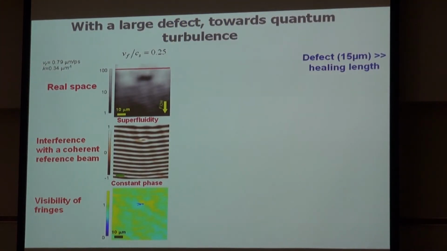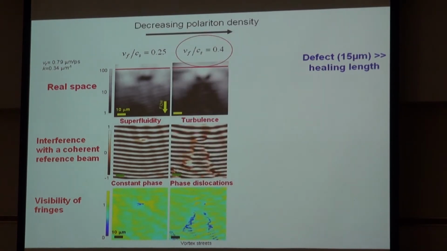The experiment starts again in the superfluid case, with a group velocity of the fluid which is smaller than the speed of sound, so no effect. Here, when you look at the phase, it's completely coherent. And then the ratio increases, and one has the appearance of phase dislocations, very visible in this picture here.